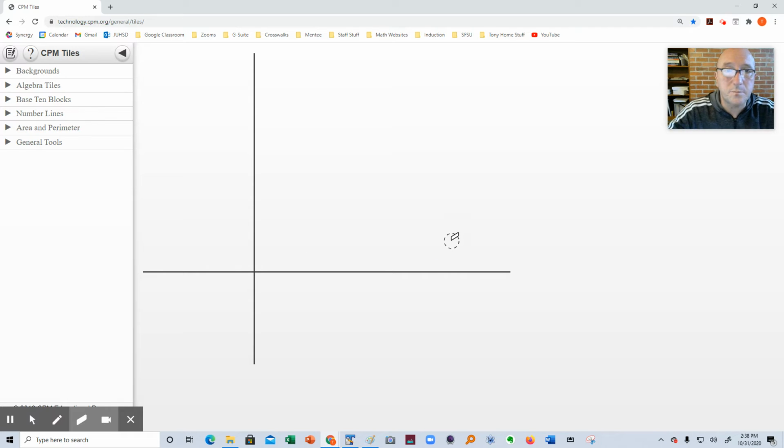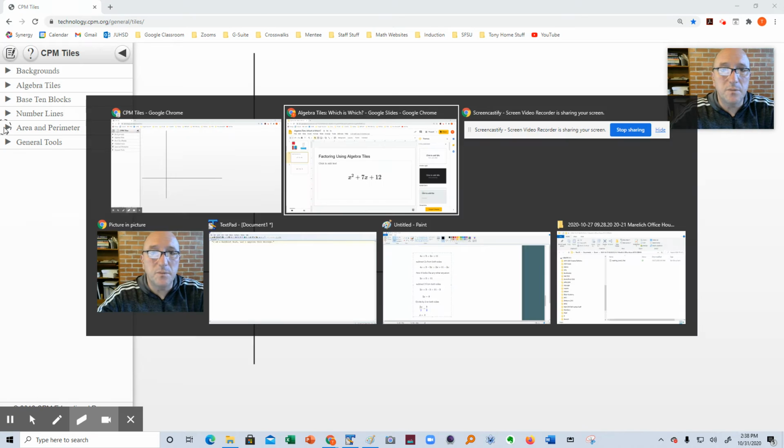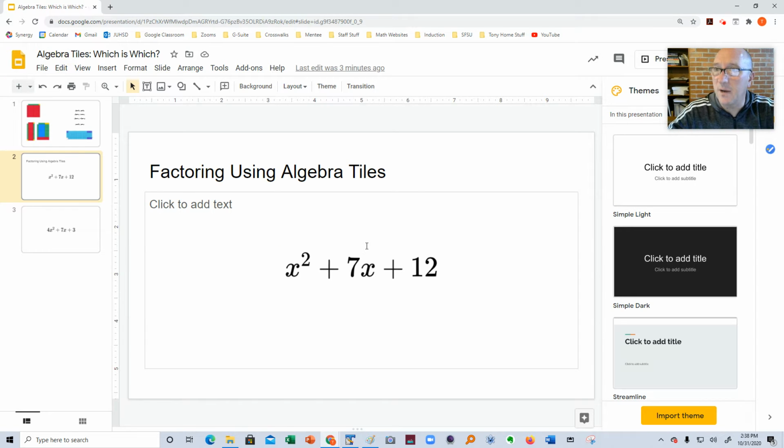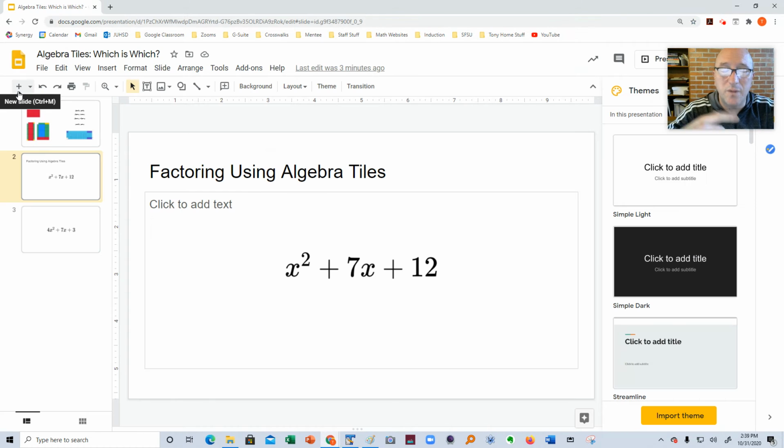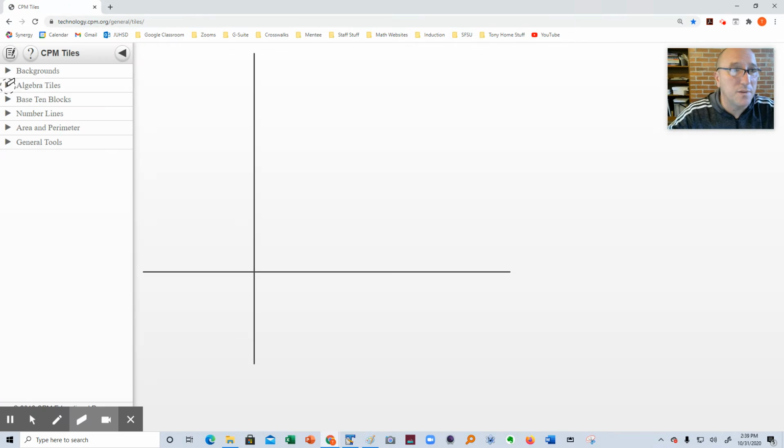There we go. So let's do some factoring by taking a look at x squared plus 7x plus 12. We first need to assemble all the geometric pieces: one x squared, 7 of the x's, and 12 of the 1's.